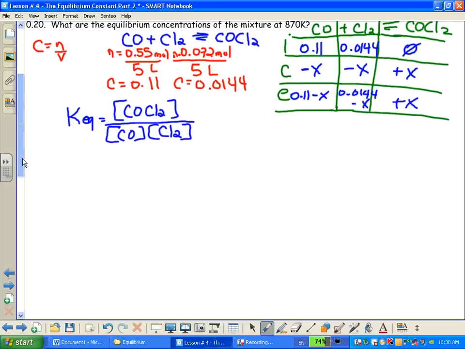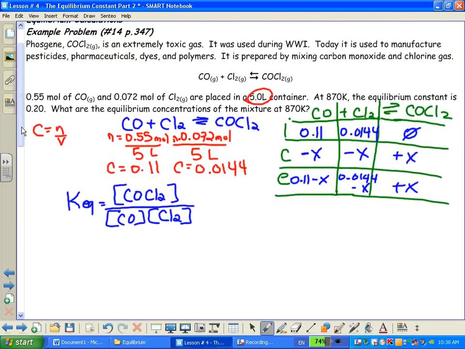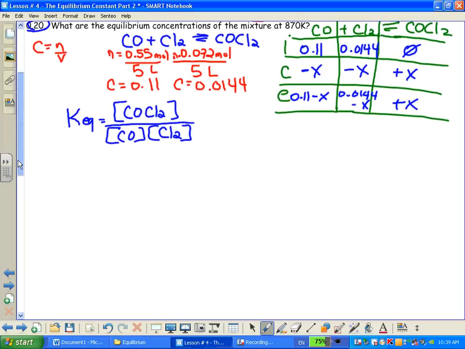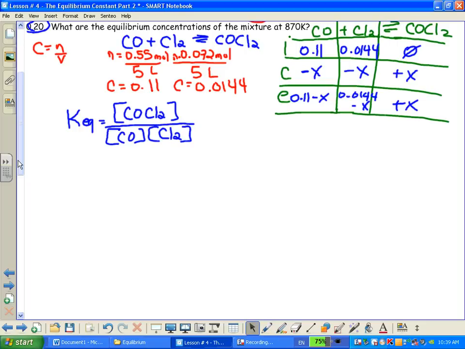So we know, based off of the equation, right here, the equilibrium constant. So this would be your KEQ. We're not going to solve for KEQ this time like we did yesterday. Now we're going to use that to help us solve for x. So in this case, our K equilibrium is 0.20. So we can substitute all of our values in that we know.